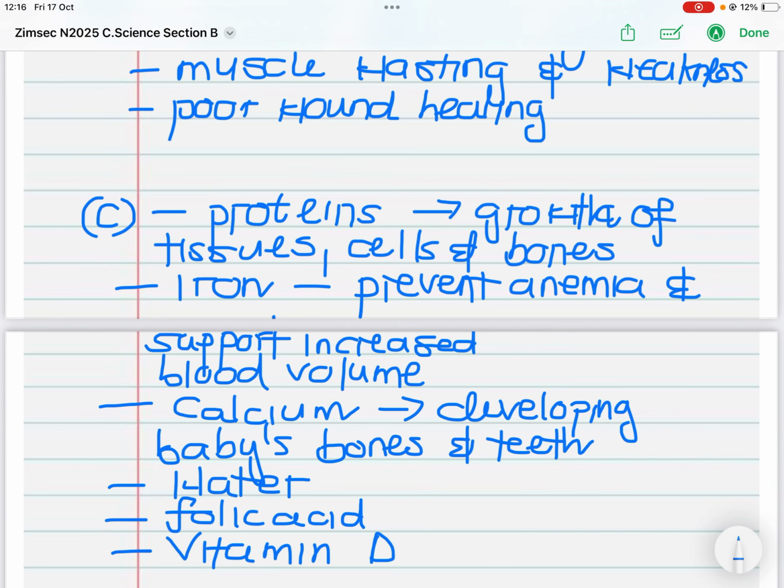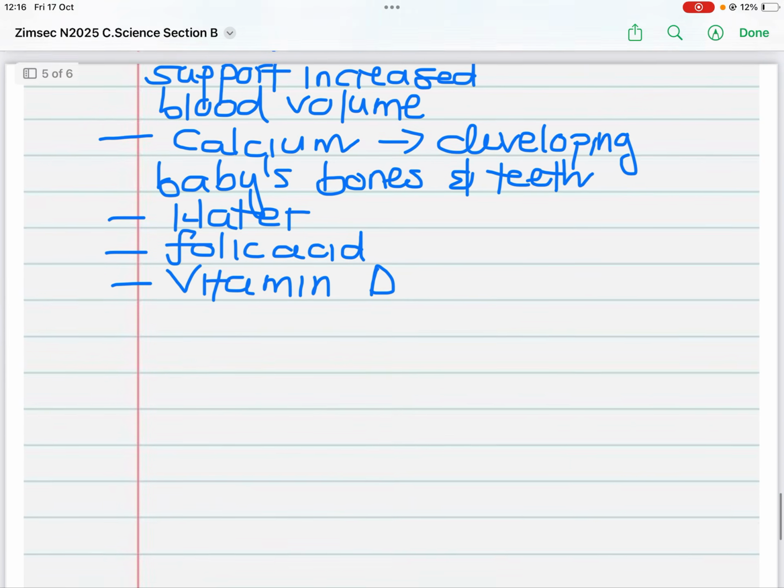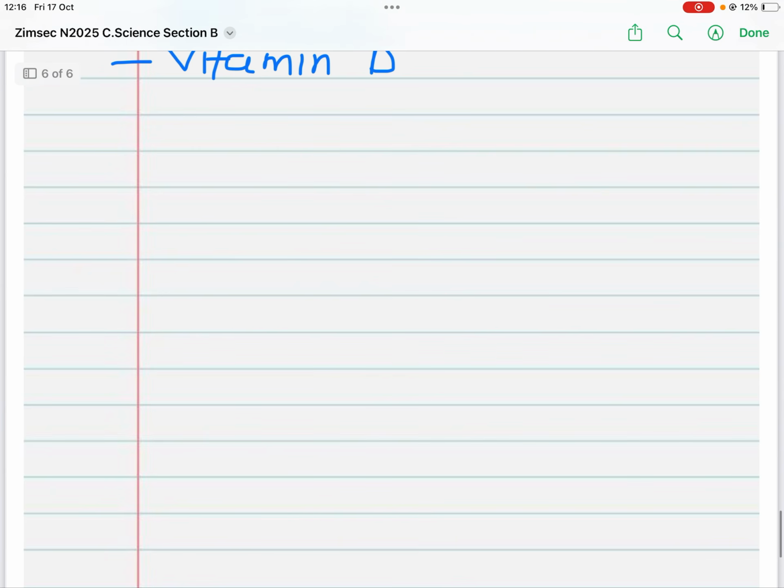Calcium for developing babies' bones and teeth, e.g., milk, cheese. Water in order to stay hydrated and support increased blood volume. The folic acid is there for preventing birth defects, especially in the first few weeks. Vitamin D helps the body to absorb the calcium.